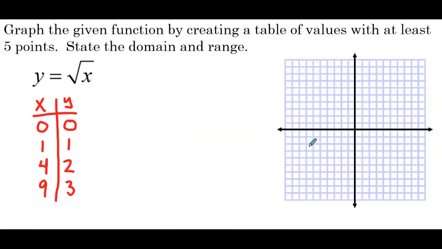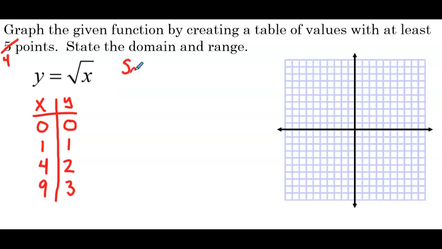Now, based on the axes they gave us, that's only 4 points. And the direction said 5, but for the square root function, we make an exception. And we can say just 4 points. Sometimes we will be able to fit more based on the transformation that's happening, but we haven't learned those yet.